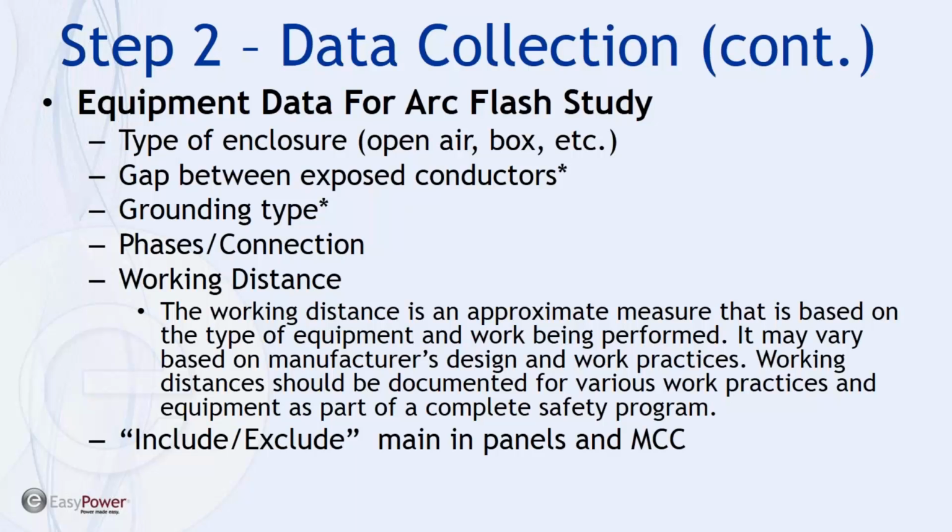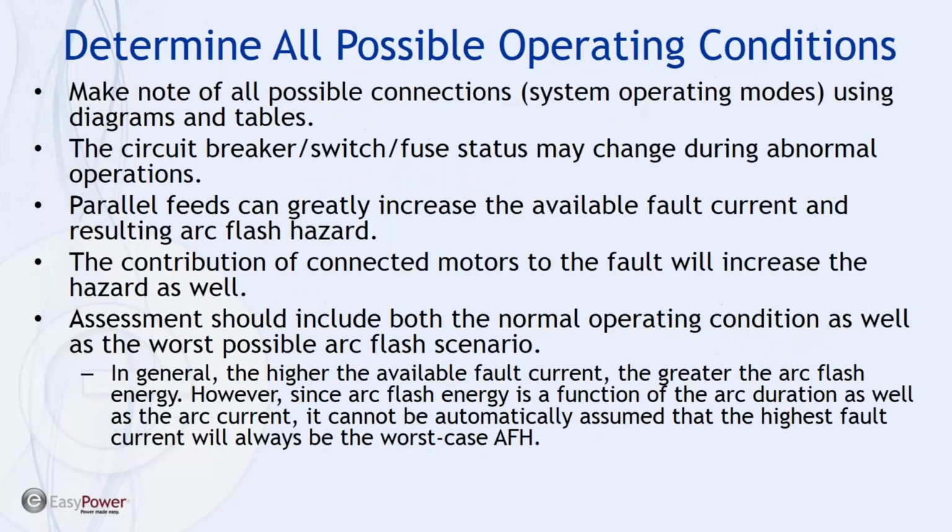And that really comes down to, is there a barrier between the incoming cable connections to the main breaker and the rest of the main panel or the main bus of that panel? If there's not a barrier, then that breaker cannot be included in the calculations.